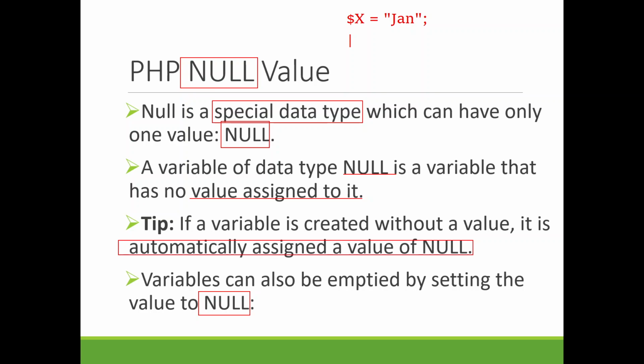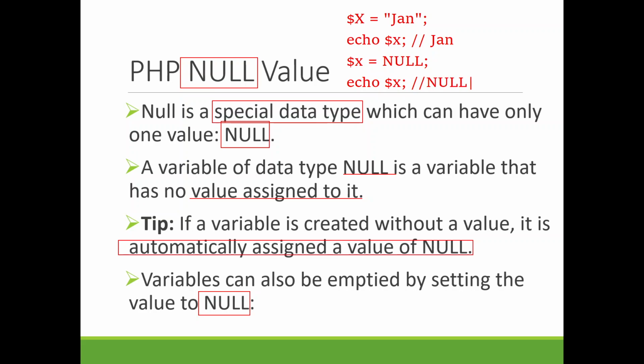So if you echo x, then this is going to output Jan. Now, after that, if you do x is equal to null, and you echo x, then it's going to output null.